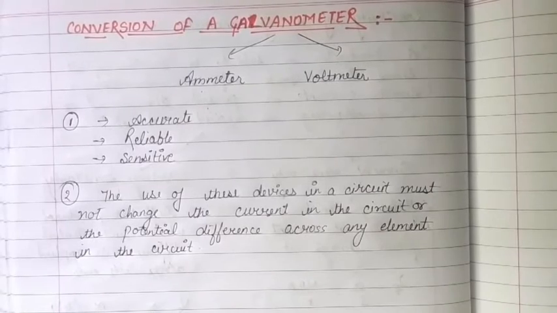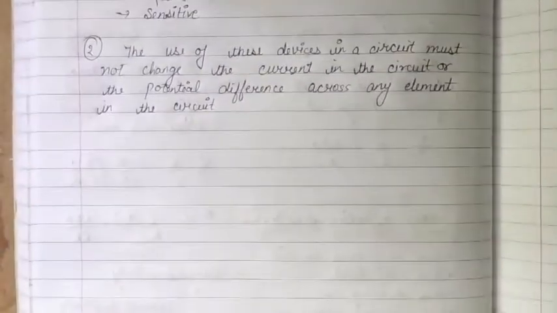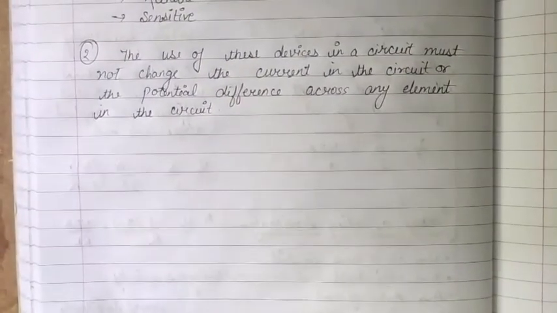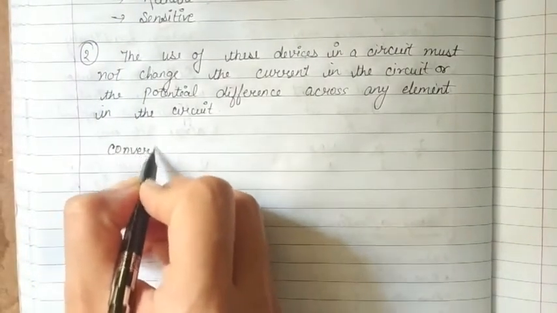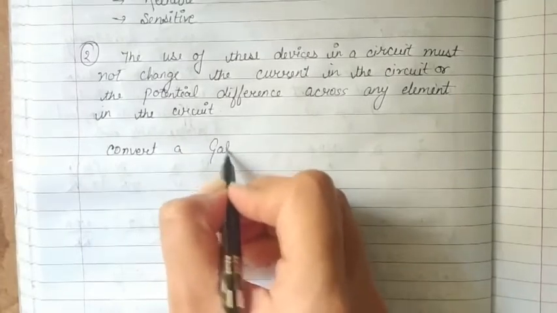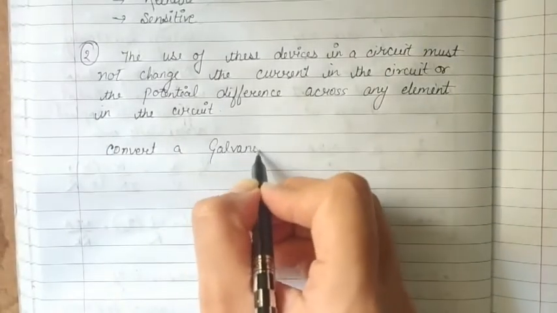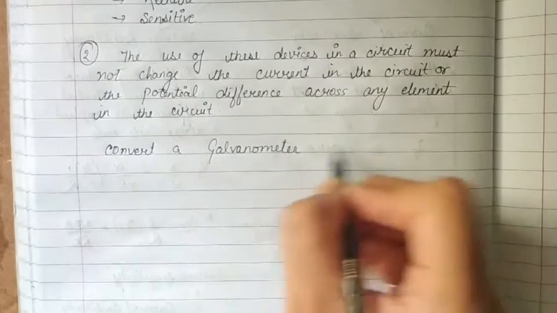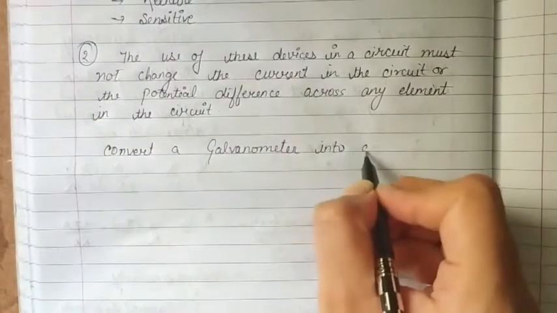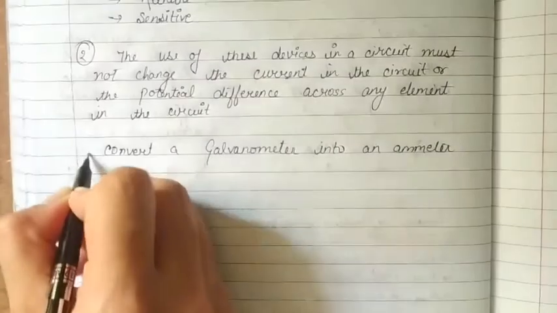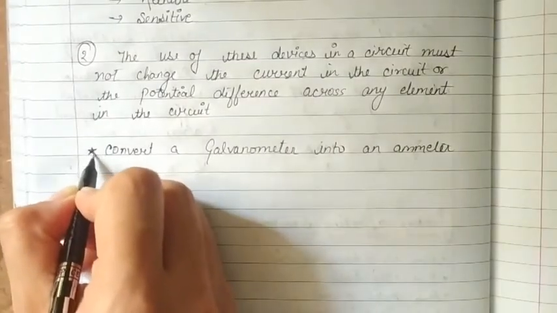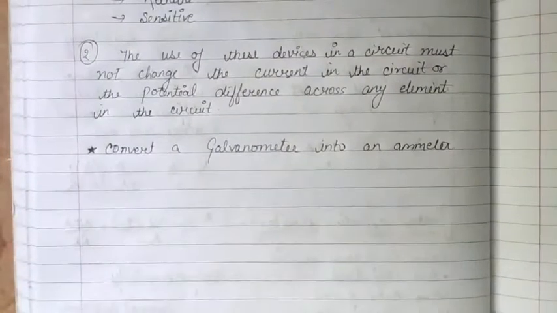We are going to see it one by one. First we are seeing how we can convert a galvanometer into an ammeter. An ammeter is a device that is used to measure the current.